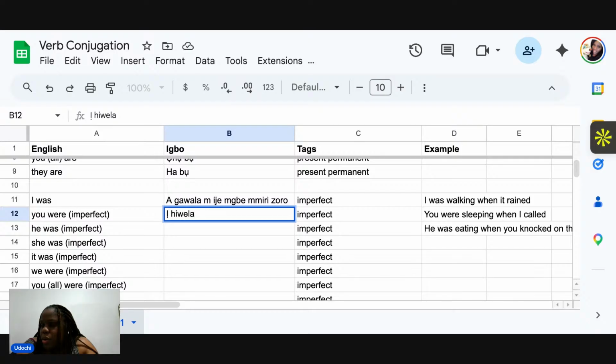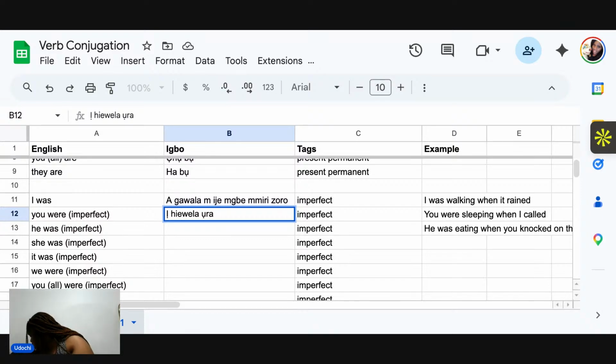Ora ihiwela. I think it's either hiwela or hiwela.